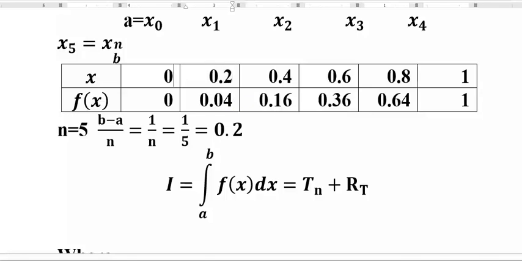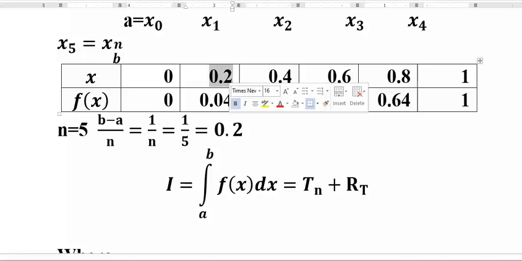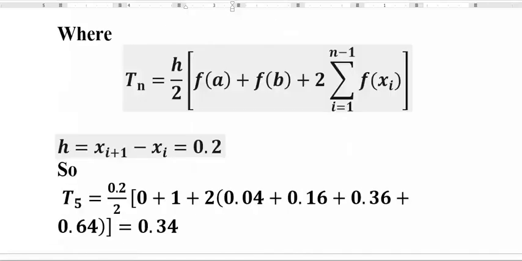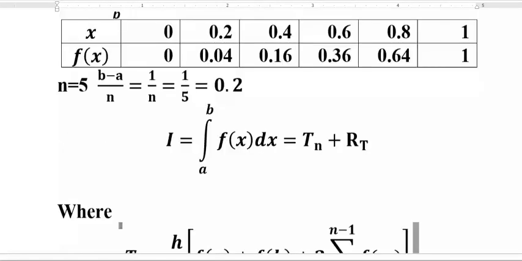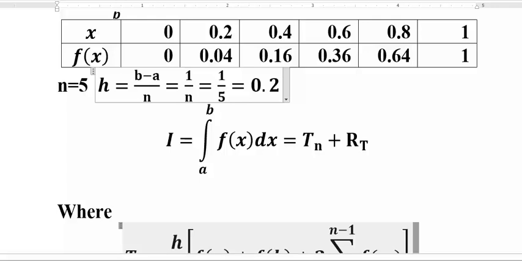The distance between them is 0.2 minus 0, which is 0.2. So h equals 0.2. Another rule is h equals b minus a over n, where b is 1, a is 0, and n is the number of points.